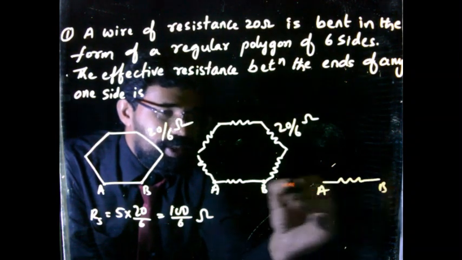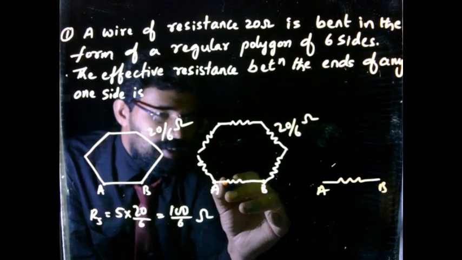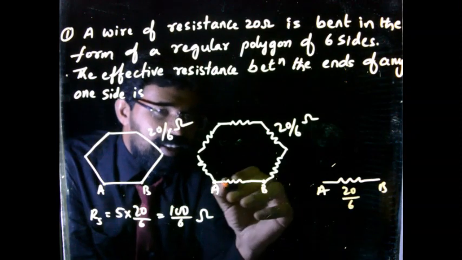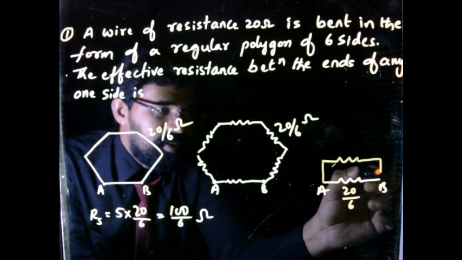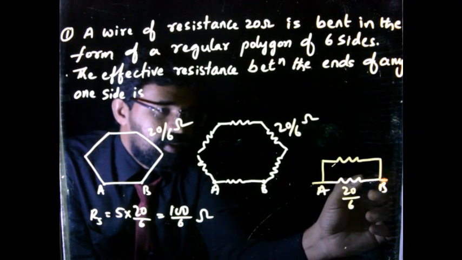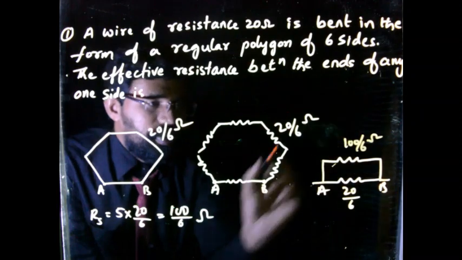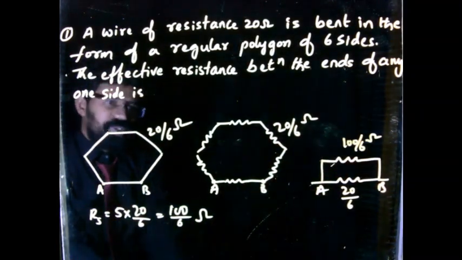A, B, this resistance is drawn first, and the resistance of this side is 20 by 6, and the rest of all the other sides is 100 by 6 ohms.